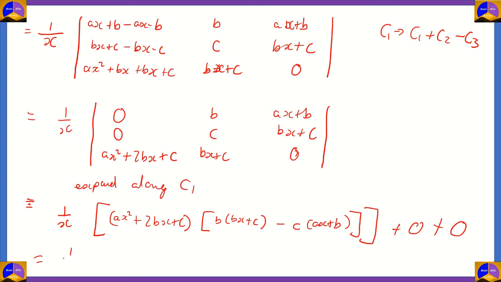Now what we do is we simplify whatever is inside the bracket. So ax squared plus 2bx plus c remains the same, and inside you will have b squared x plus bc minus acx, and then minus bc. So you have bc canceling each other out, and you can take x common from b squared x and acx.